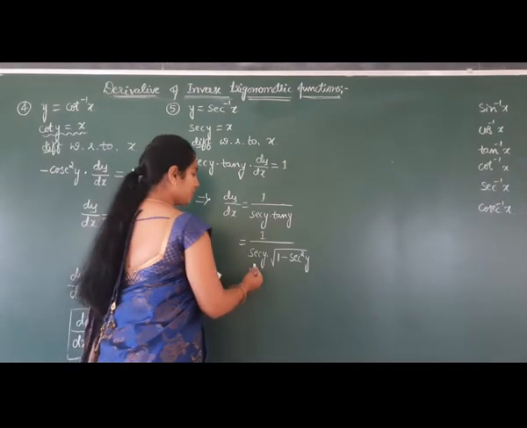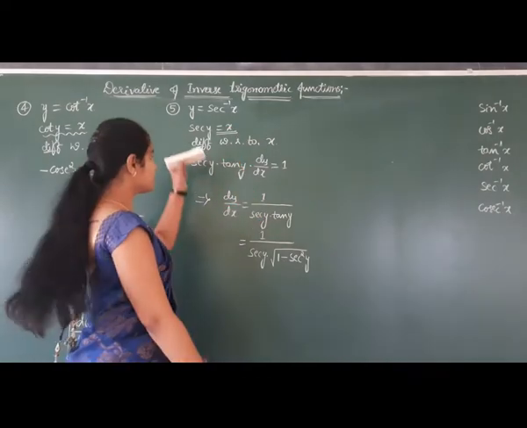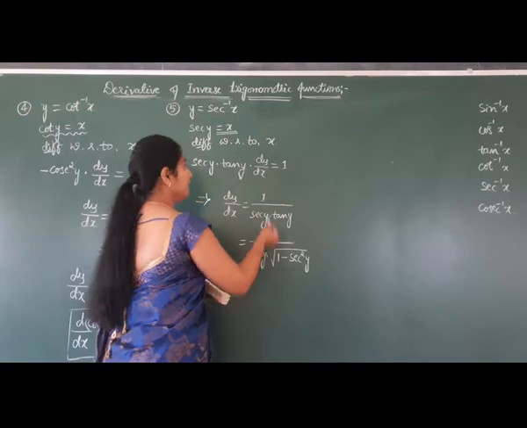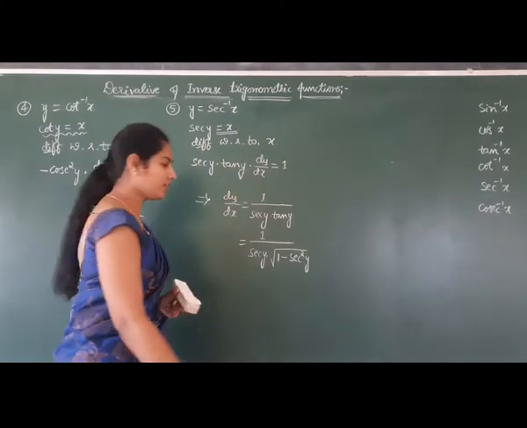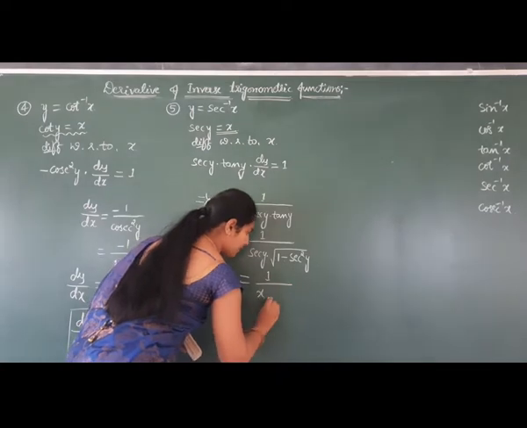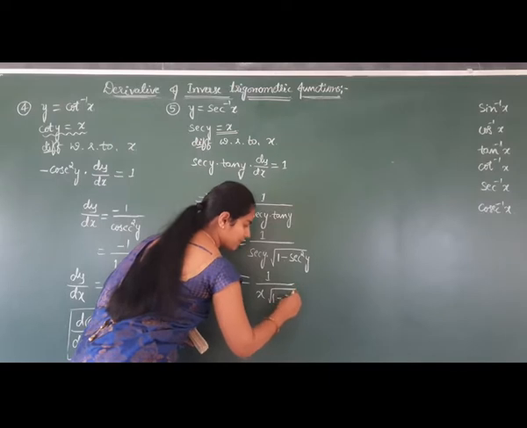So again, what is secant y here? x, right? So secant y is equal to x. Now I will replace secant y by x. Then we have 1 divided by x into square root of x square minus 1.